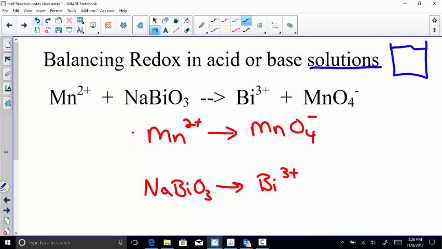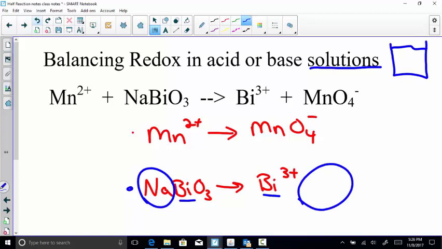Now, the second reaction becomes a little bit trickier, because there's one Bi over here and one here, and so that's good, but we have this Na and we have no Na over here. So this is where it's a little bit weird.